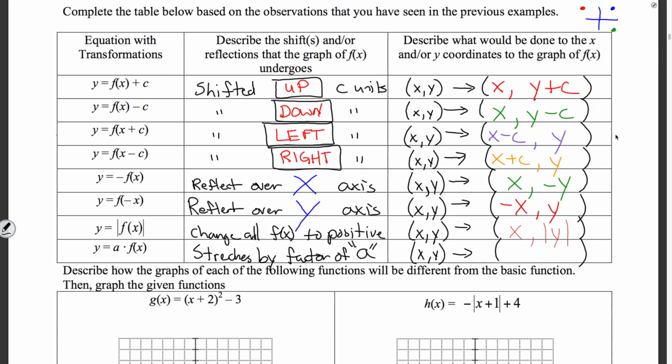So the x's don't need to be changed. They stay the same and the y's get changed. So this will be x comma a times y. Yeah, I know it's a little unfair, but y gets a little more done to him than the x does. And it honestly makes sense.